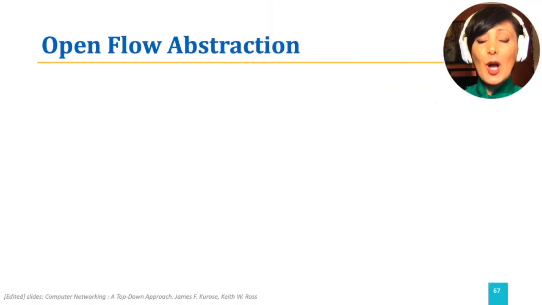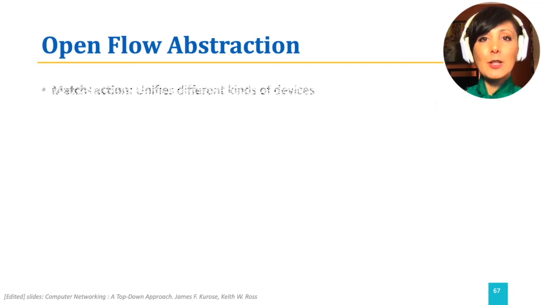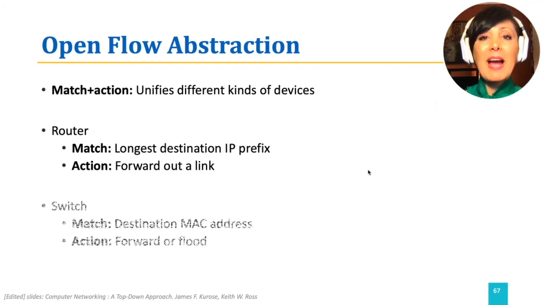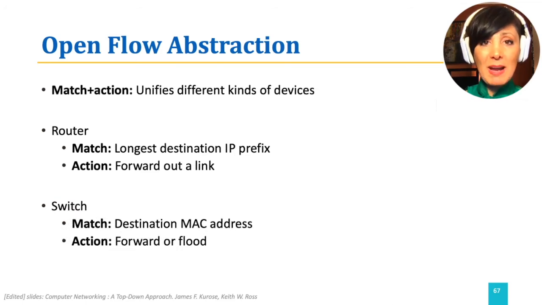What is performed on all of the generalized forwarding examples we saw from OpenFlow is matching a pattern followed by performing an action. The generalized forwarder can act as a router when matching is performed based on longest destination IP prefix and the action is forwarding out a given port. It can act as a switch when matching is performed based on destination MAC address and the action is forward or flood.